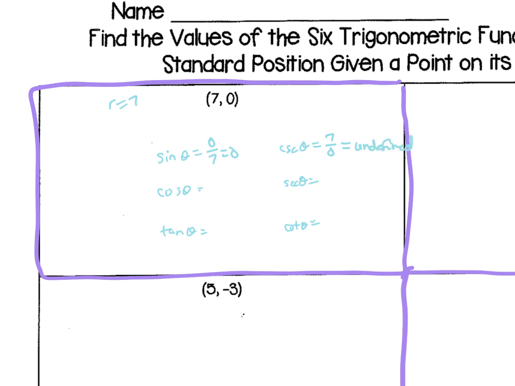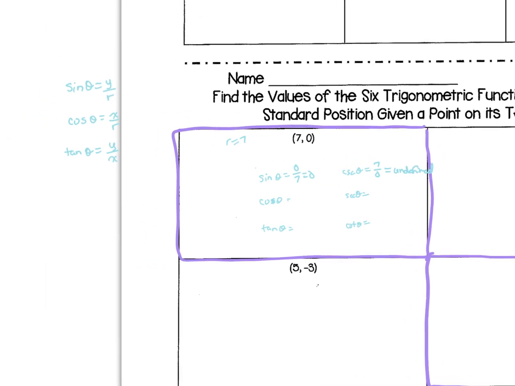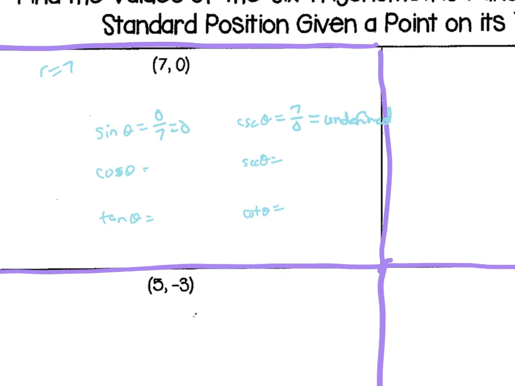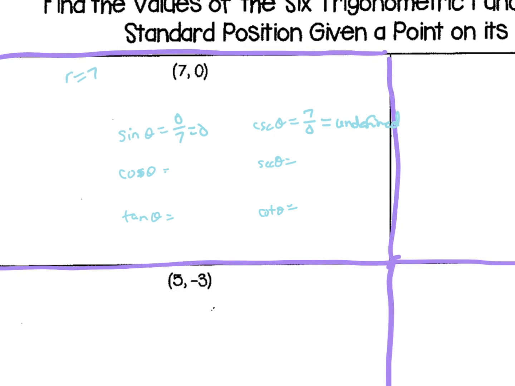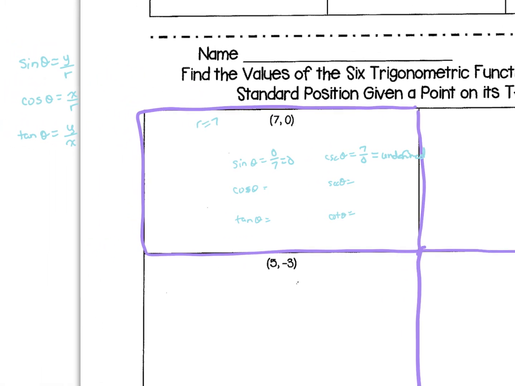Right? Okay. Cosine, for our cosine value, remember our ratio is x over r. So, Sophia, what would that be? For cosine, the ratio is x over r.